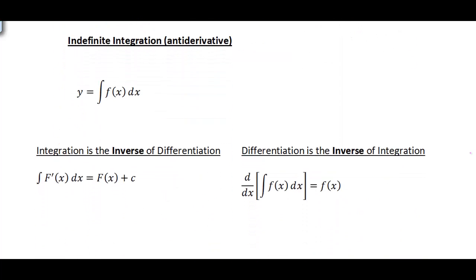Now when you hear the word antiderivative, or a lot of times you'll hear indefinite integration, they mean the same thing. We're looking at the inverse of your derivative. And if we look at some notation here, this symbol looks like a stretched out S. This is your integral sign.